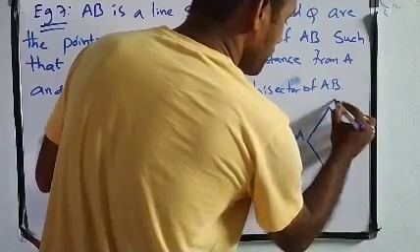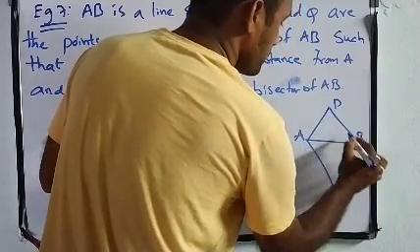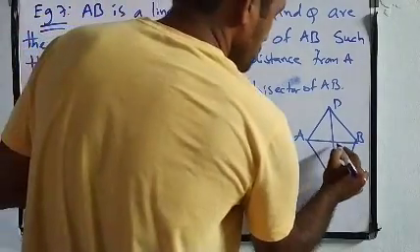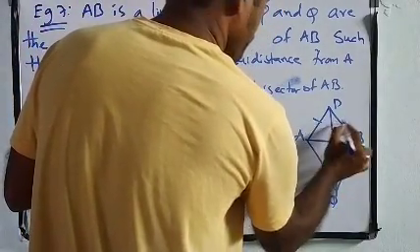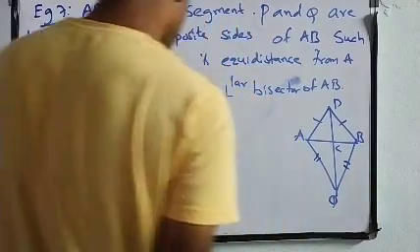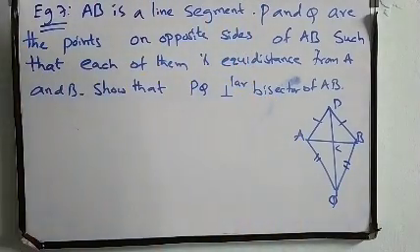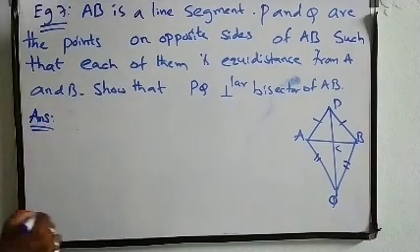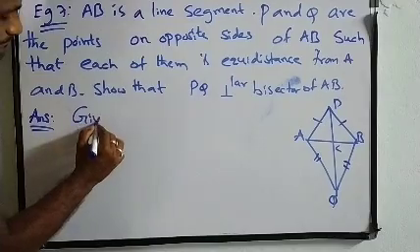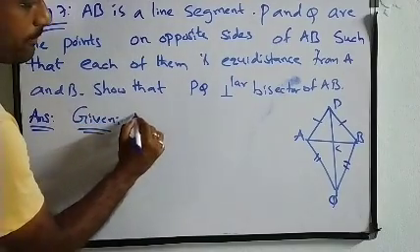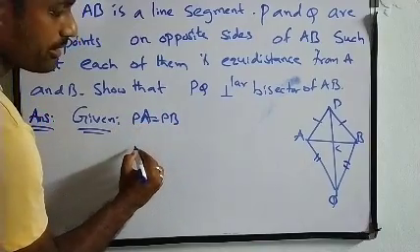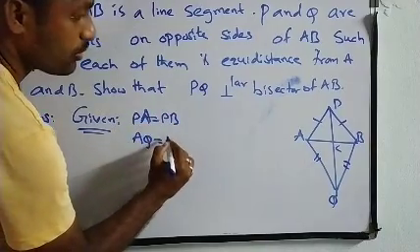So here is AB, and here is PQ. Let me join this. So there is a point C. Answer: given PA is equal to PB and AQ is equal to BQ.